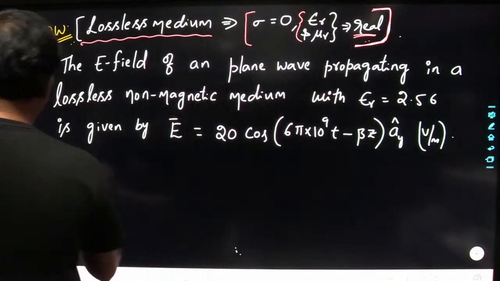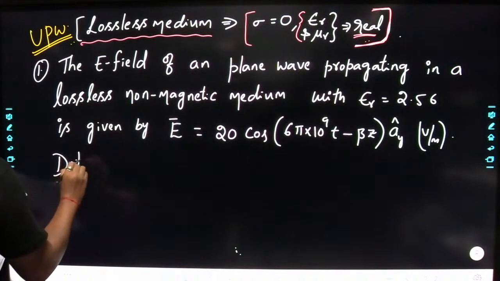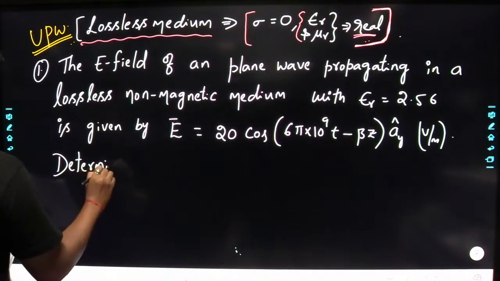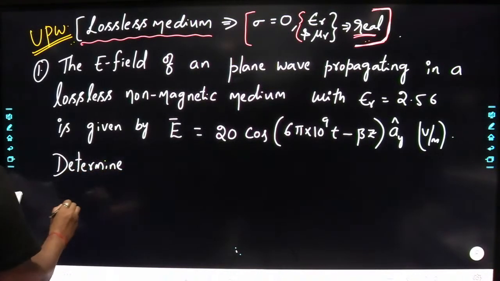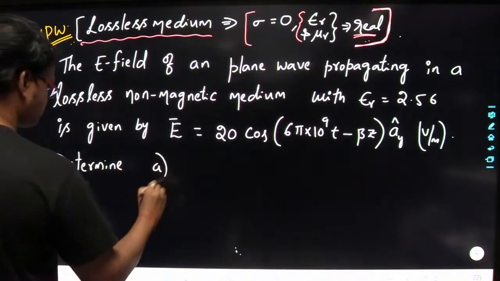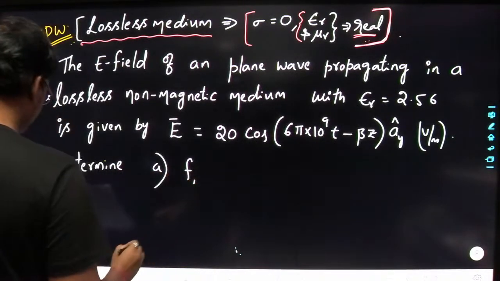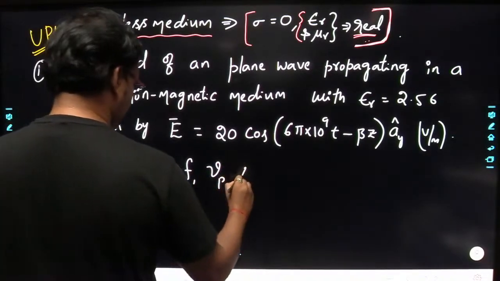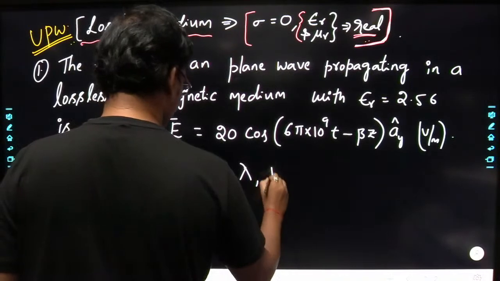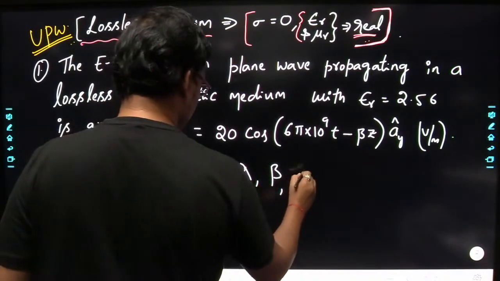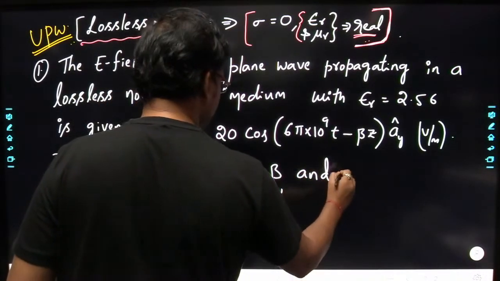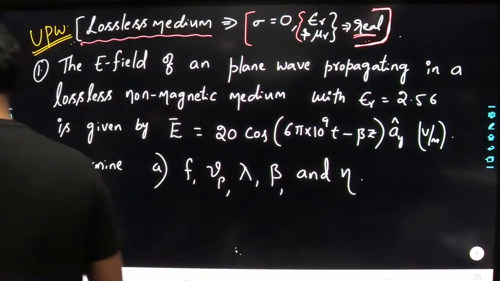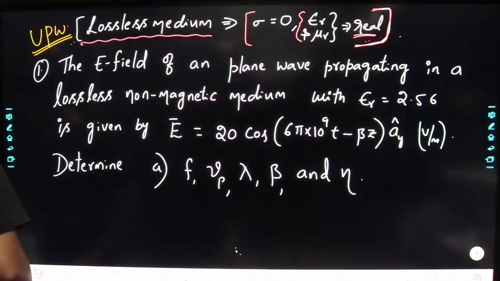Then determine the frequency of the wave, phase velocity of the wave, wavelength of the wave, phase constant beta and intrinsic impedance of the medium eta. These are the parameters you have to determine here.